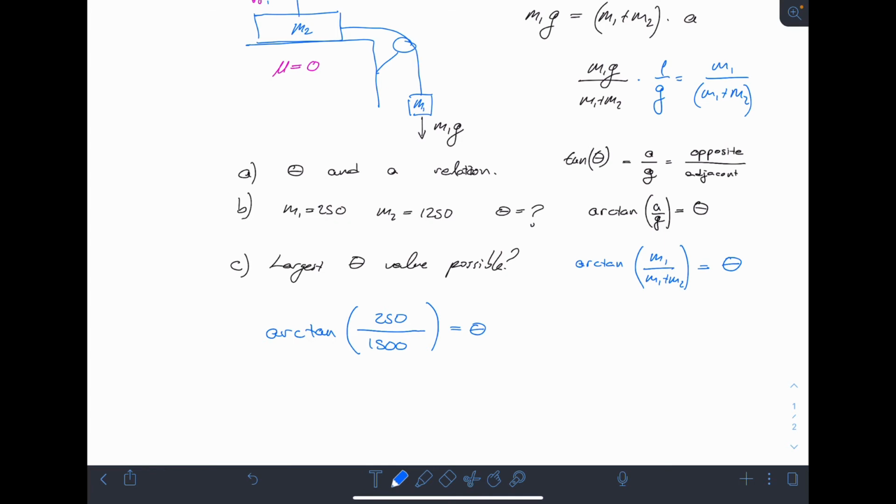Let's do a quick calculation with the Wolfram Alpha calculator. Arctan 250 divided by 1500.